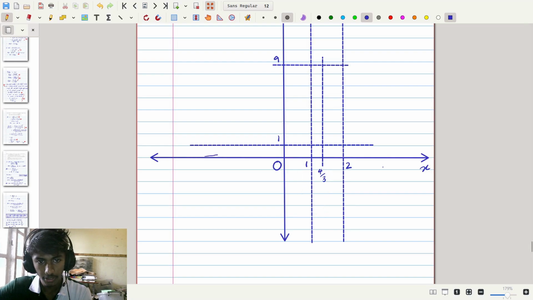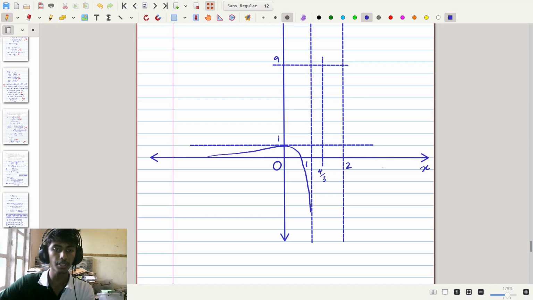This is a little tricky process. Of course, you're using a pencil, so you can erase it and just try again. You need to make it so that it's continuously increasing until we get close to x equals 1, and then it starts decreasing, and it decreases all the way down to negative infinity, but never reaches it, always approaching it as we approach x equals 1 from the negative side.